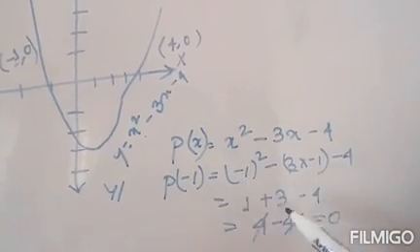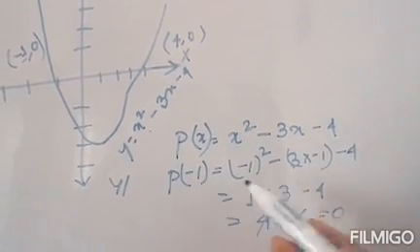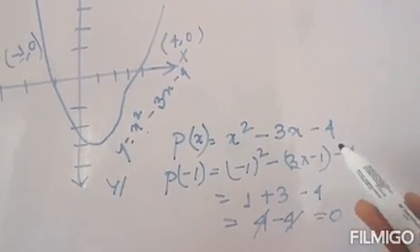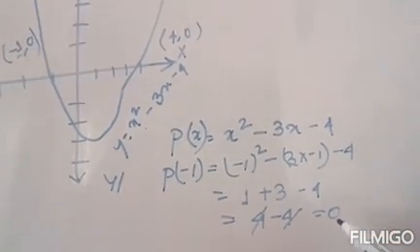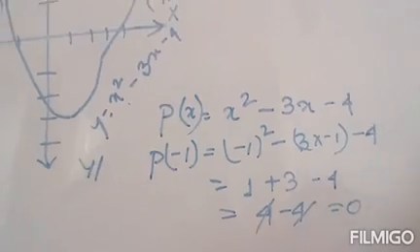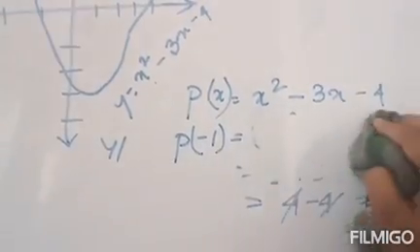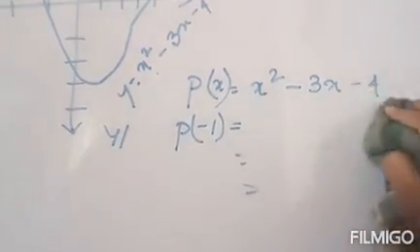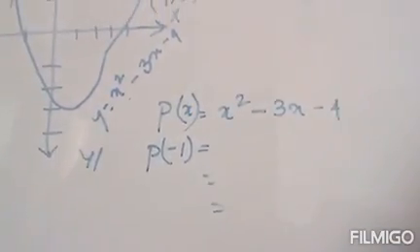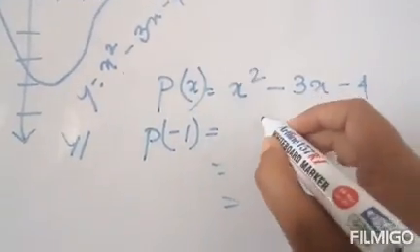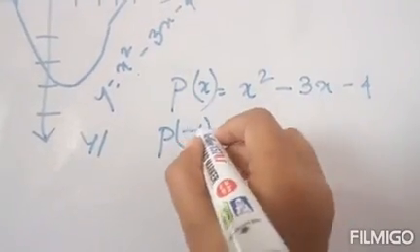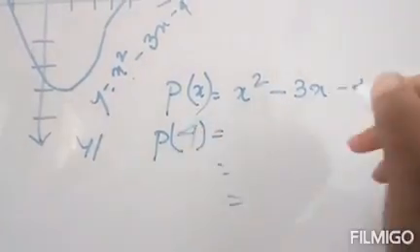So we can see that when we substituted minus 1 in this polynomial, we found that the value is 0. Now we will find with 4. Instead of x, we will write 4.